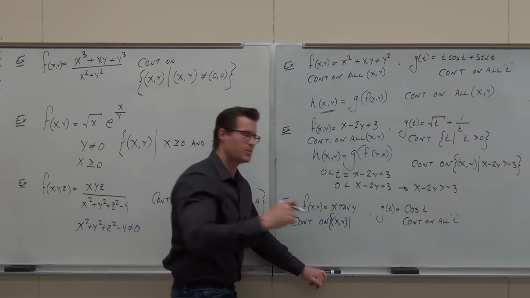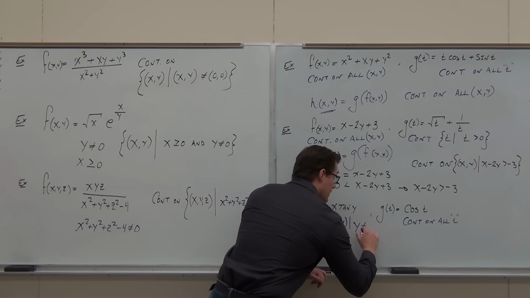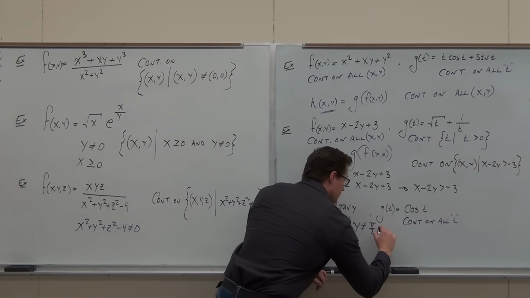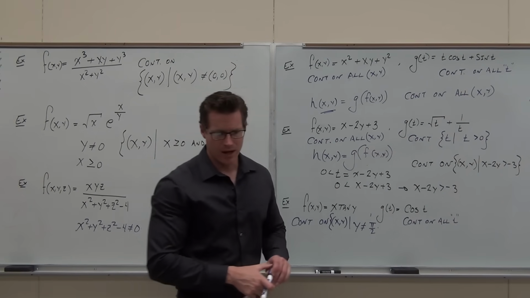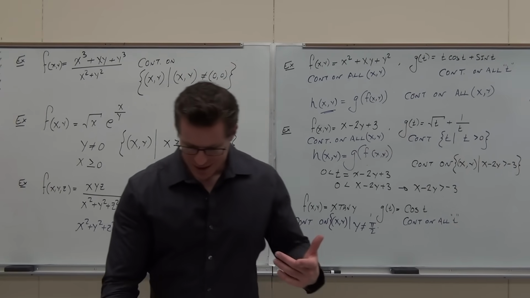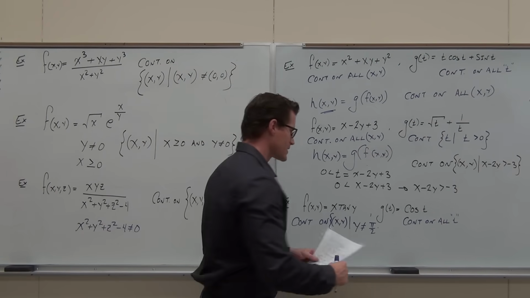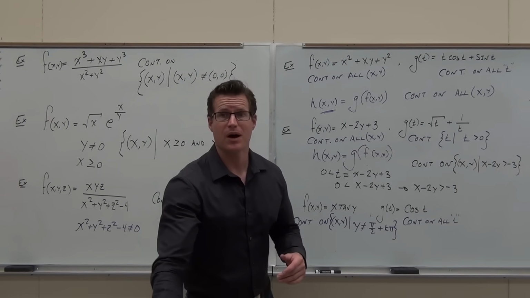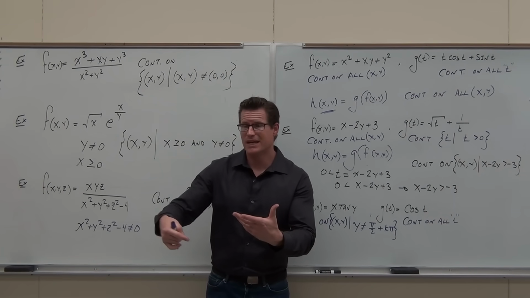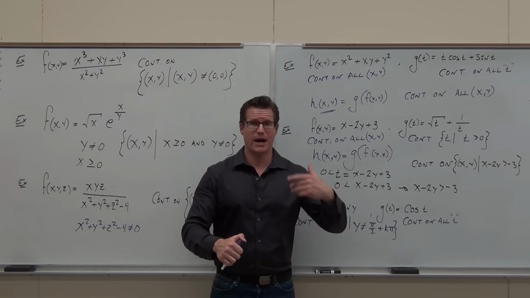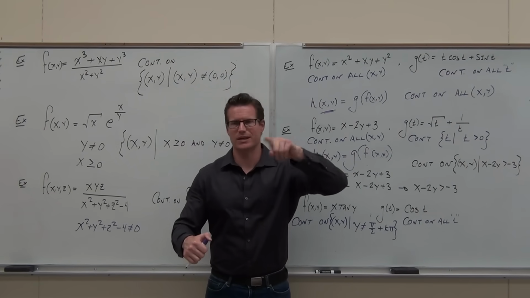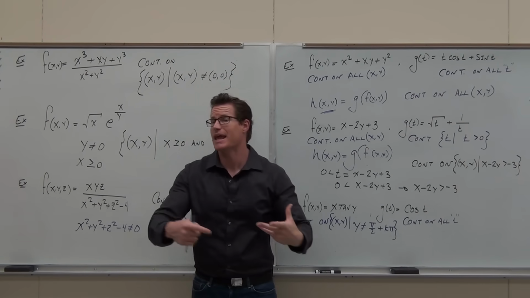X is good, but I just can't have y equaling pi over 2. I can't have y equal to pi over 2 or any multiple of that, so we're going to say plus k pi. What that says is if you add or subtract pi to it, you still have a problem. Any multiple where k is an integer, so negative pi over 2, or 3 pi over 2, or any half circle around there. You can't have any of those.